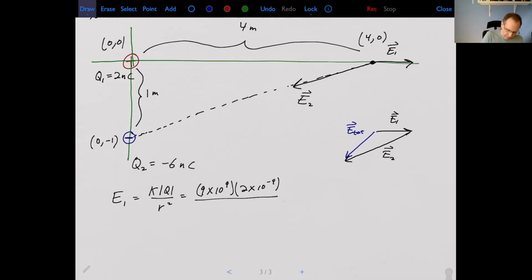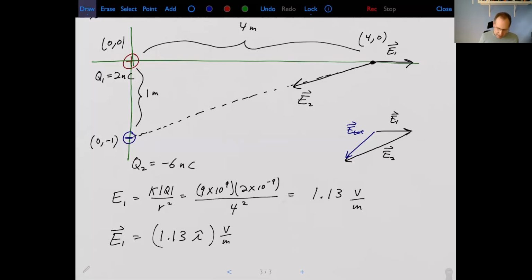And the R here is this distance, which is 4, so this will be 4 squared. If you work this out, it's around 1.13 volts per meter. So the vector E1, we know it points along the positive x direction. So E1 is going to be 1.13 i hat, in volts per meter.